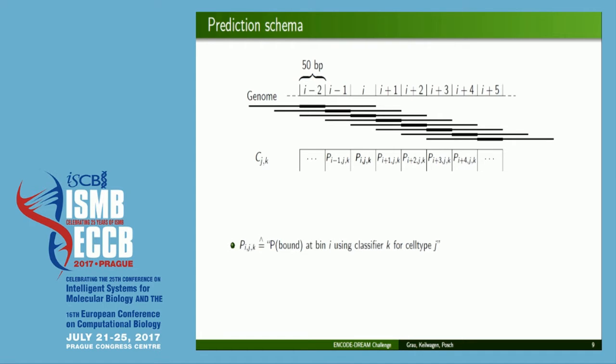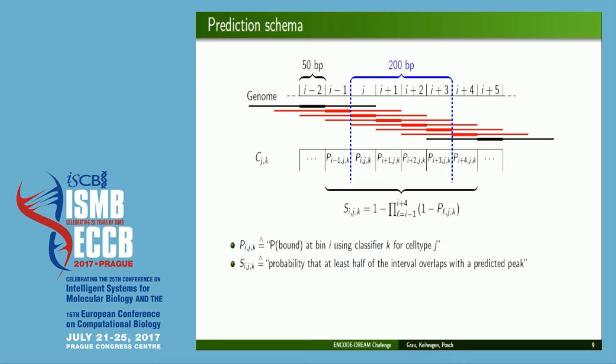And if we now want to make a prediction for one specific bin, we compute the probability that at least one of the bordering regions for which we made predictions overlaps at least half of that region.